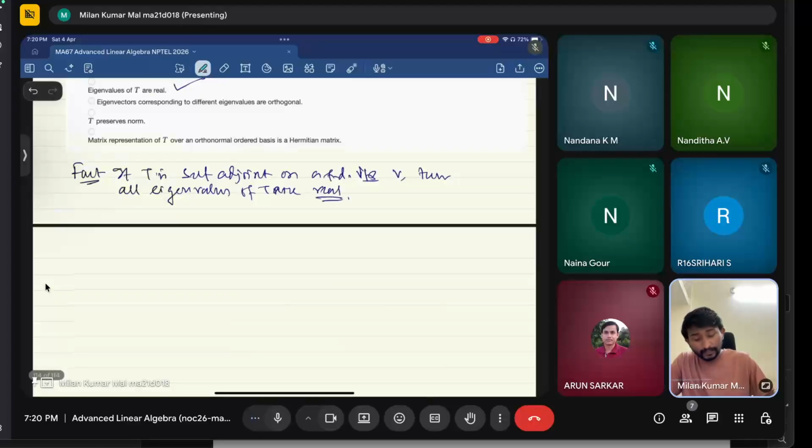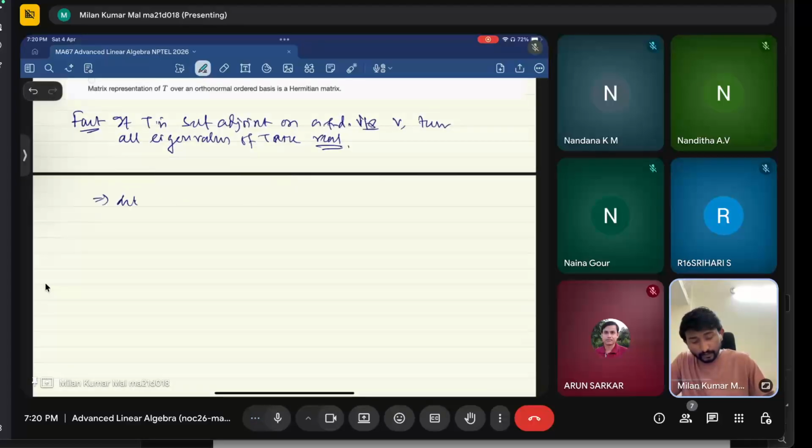Why does that happen? Let T from V to V be an operator on a finite dimensional space. Actually, finite dimensionality is not necessary here; without it, this fact will also be true. Other facts may be a little problematic, but this fact can be true without finite dimensionality.